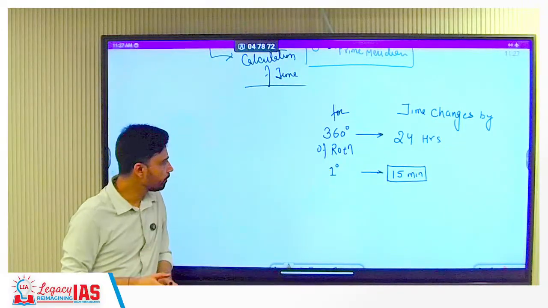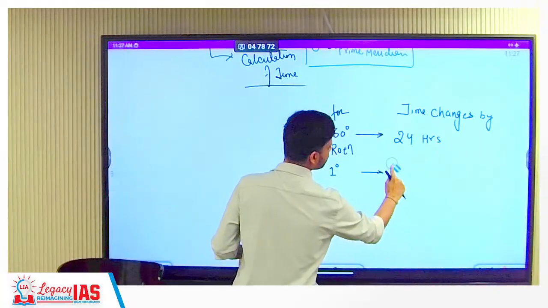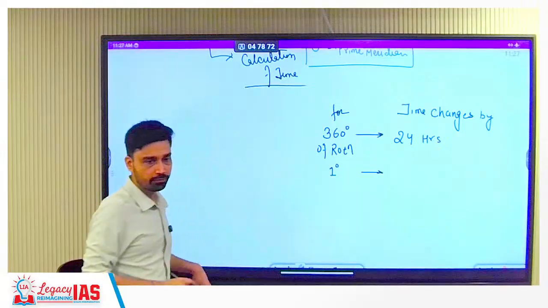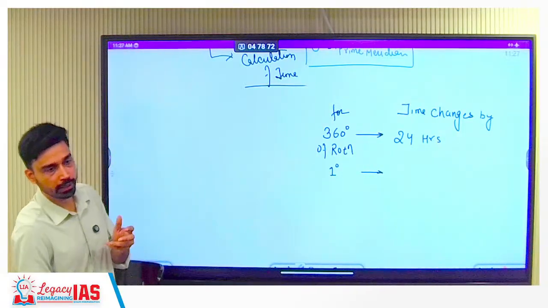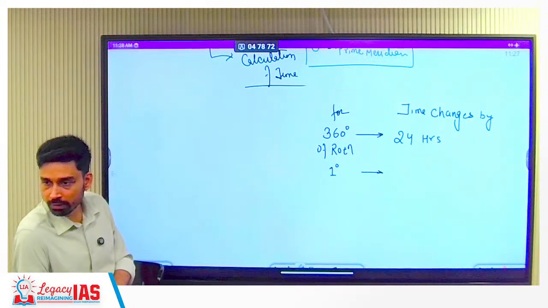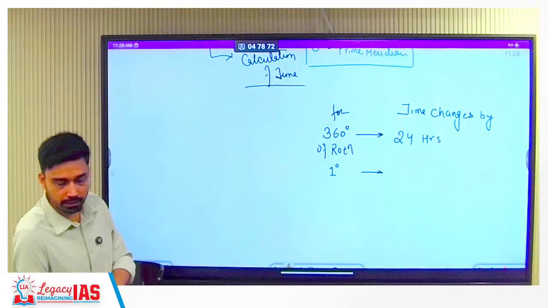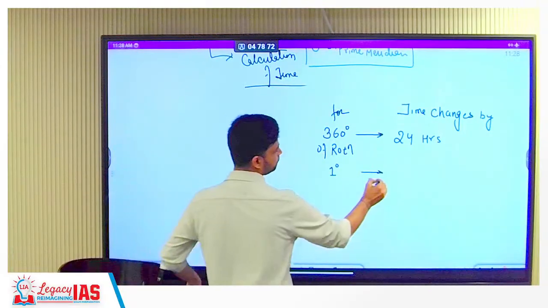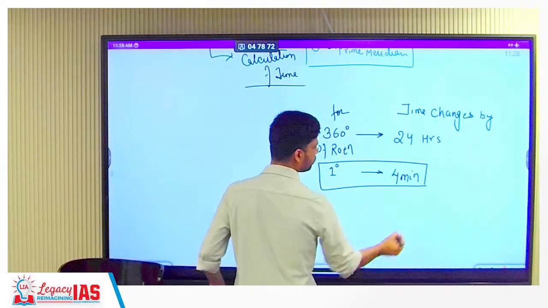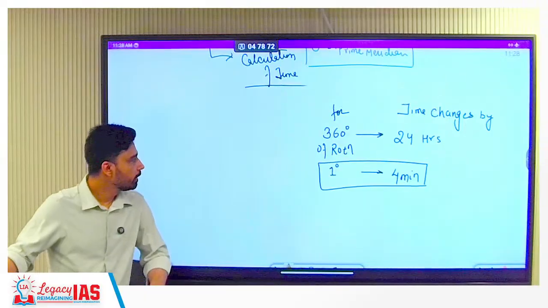I don't think it should be 15 minutes. See, for 360 degrees of rotation, how much time does it take? 24 hours. So in 1 hour, how much is it rotating by? 15 degrees, right? So in 1 hour, it is rotating by 15 degrees. 15 degrees equals 60 minutes. So 1 degree equals how many minutes? 4 minutes actually. So 15 minutes is for 1 hour, not 1 degree.